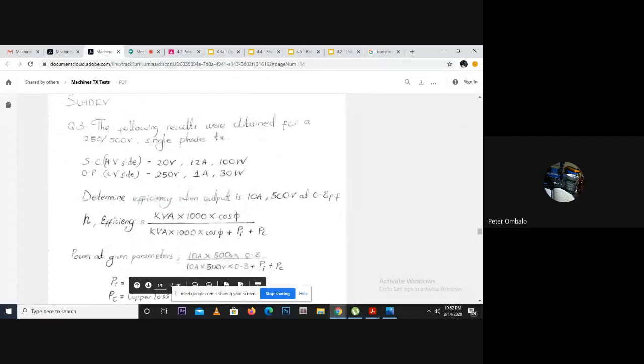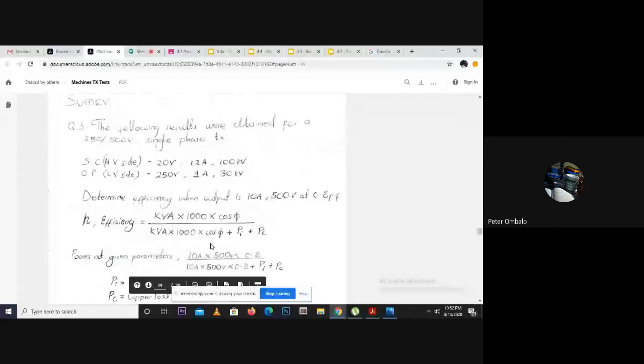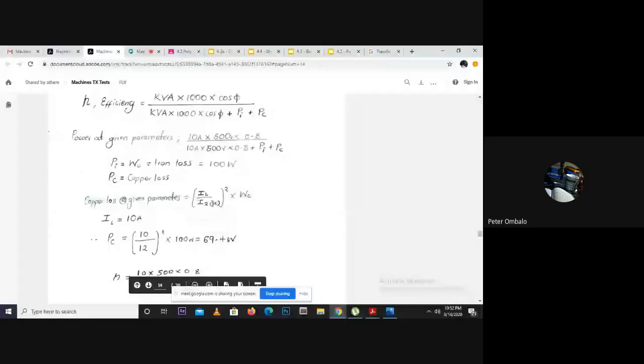So it's always going to be a fraction if the transformer is operating at a particular point. And in this case, we have been given a point where the transformer is operating: the current at that particular operating point over the current in the short circuit test, that squared times the power. That gives us the copper losses at a particular point where the transformer is operating.